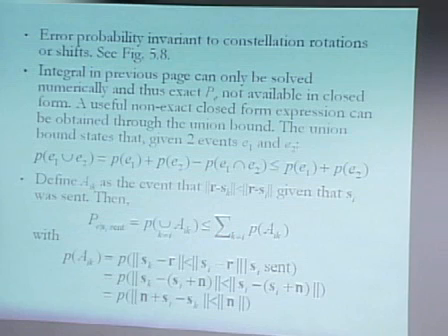And so we're going to use something called the union bound to derive such expressions. So the union bound is something used very often in probability, and it states that given two events E1 and E2, the probability of their union is less than or equal to the sum of the probabilities. So again, let's see if we can use a picture.